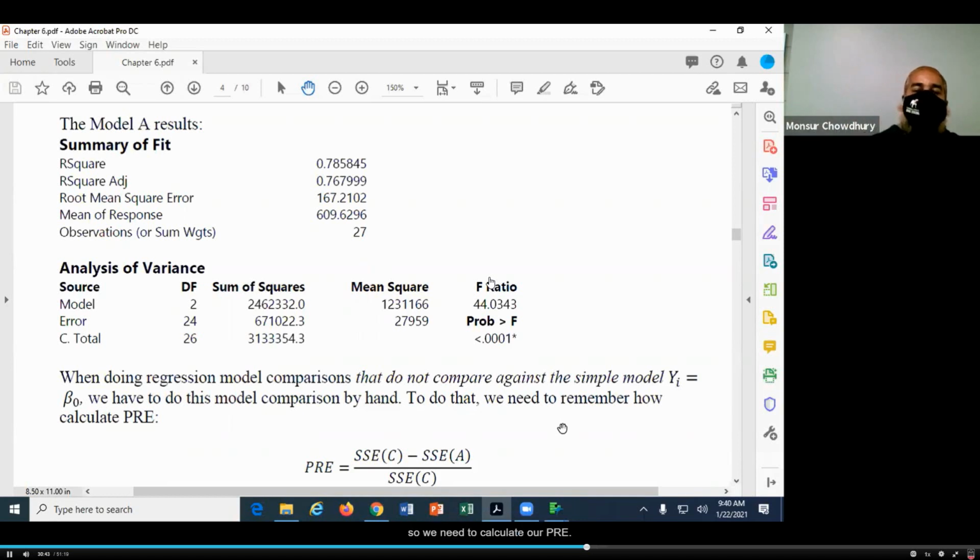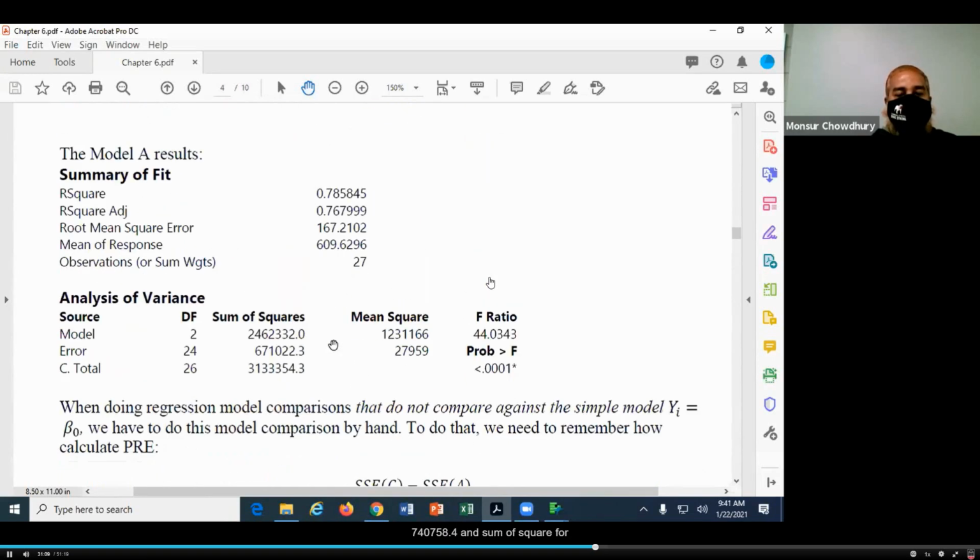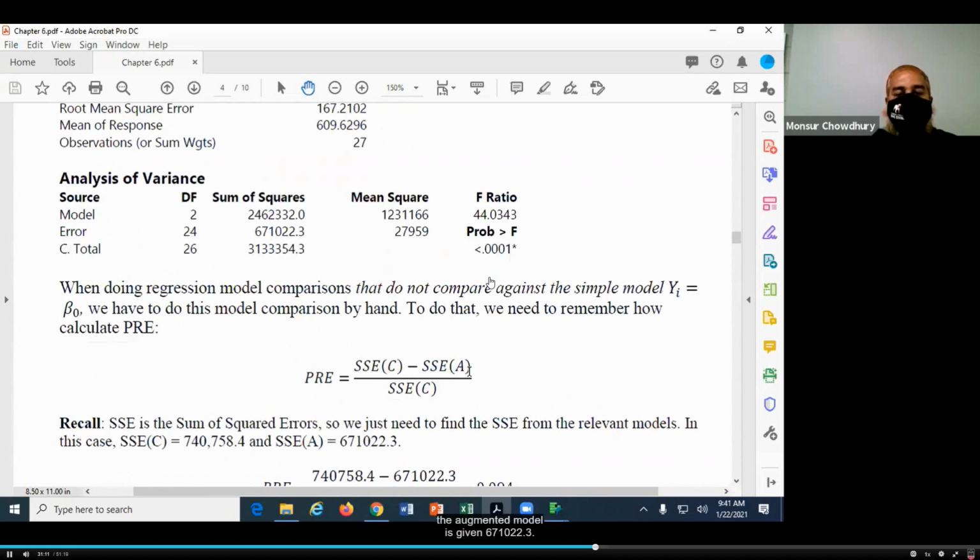So we need to calculate our PRE. What is PRE? We know that PRE is the sum of squares of the error for the compact model minus the sum of squares of the error for the augmented model, divided by the sum of squares of the error for the compact model. Now we already know this value, it is given here, 740,758.4, and the sum of squares for the augmented model is given as 671,022.3.